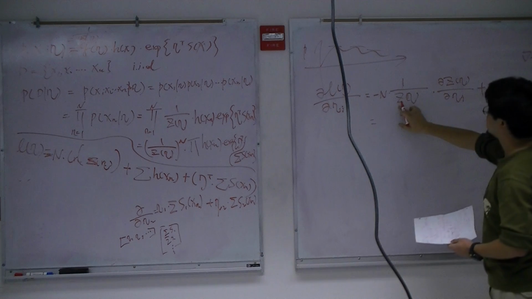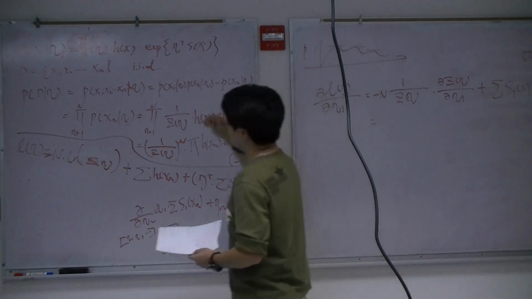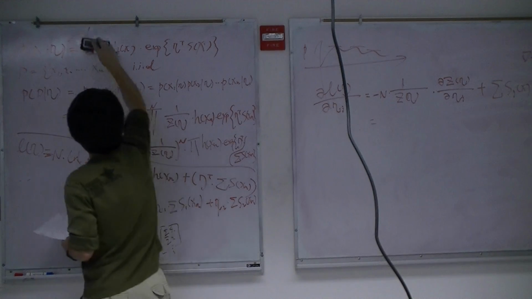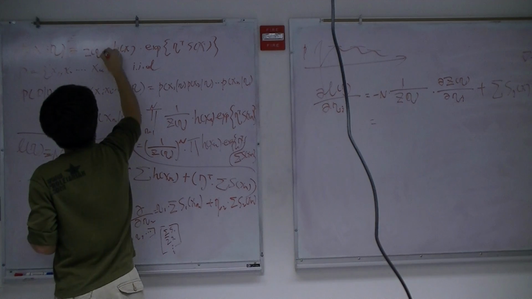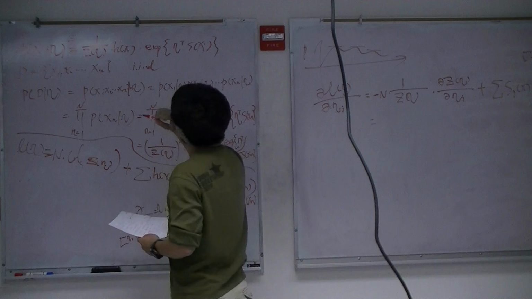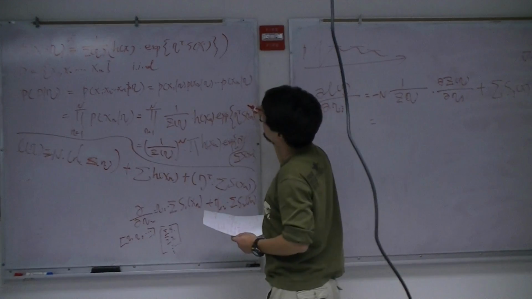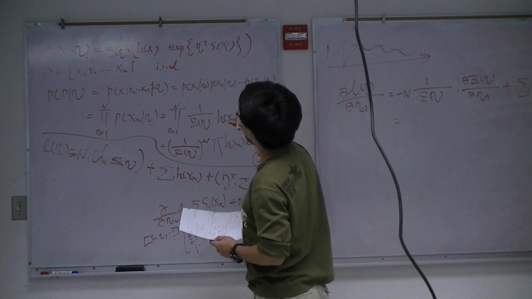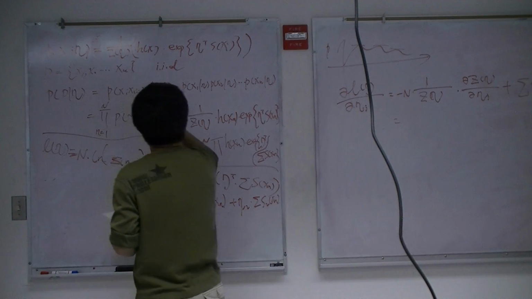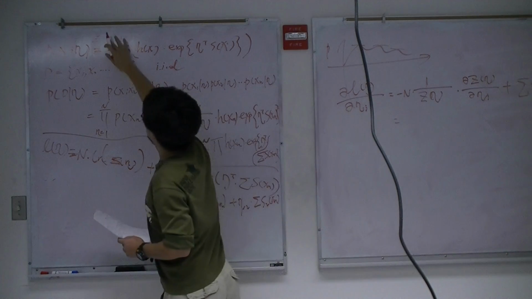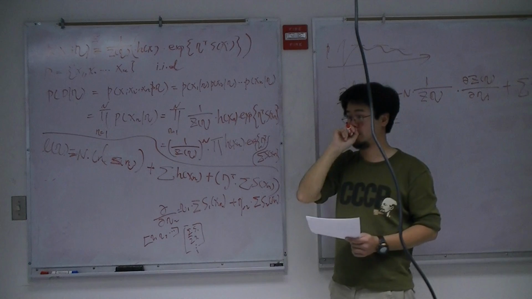Right now, let's see what z(eta) is. If we go back to this form, z(eta) times this whole thing, the integral of the whole part should be equal to 1 because it's a probability.